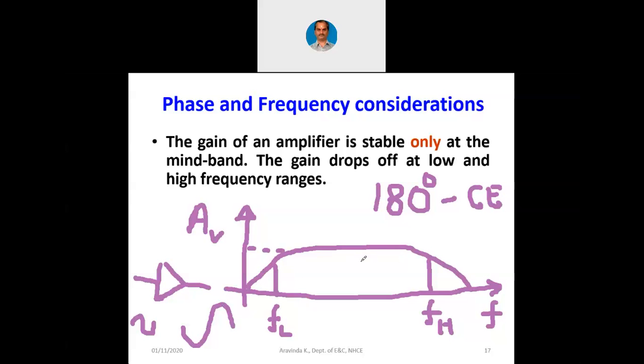Otherwise, even at the lower frequency or at the higher frequency, phase shift can also change. Why? Can anybody tell me why phase response also will change? Till now we have been discussing only the frequency response. Now I am telling you that even the phase response will not be ideally 180 degree. Even the phase response will change. Can anybody tell me why?